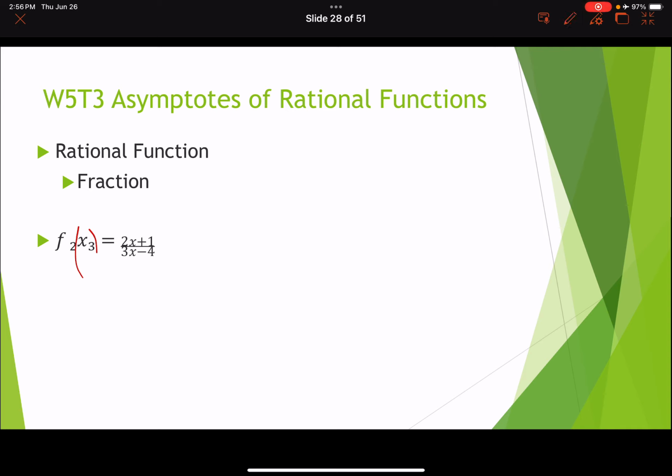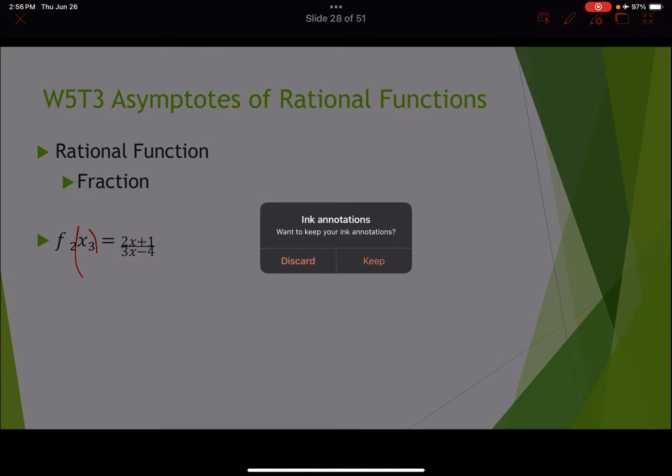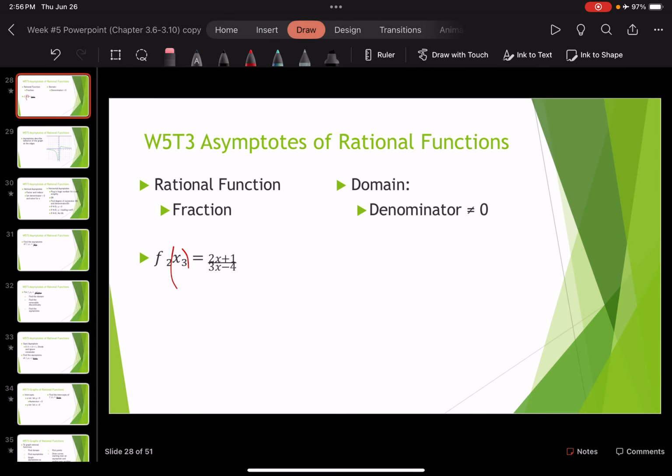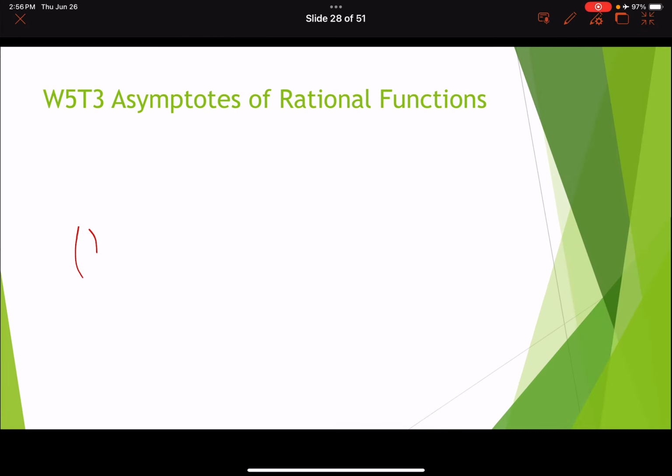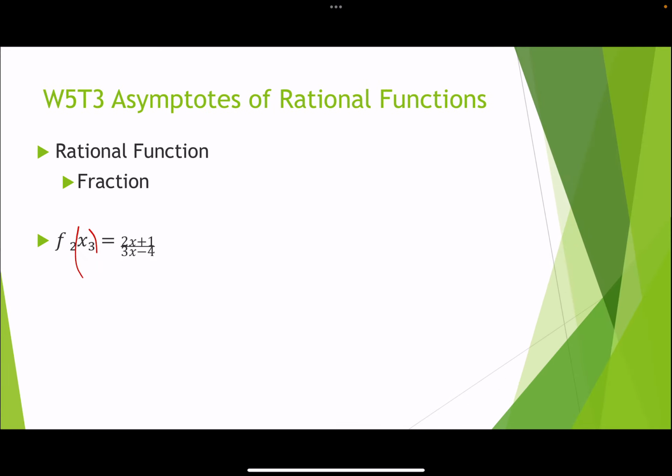Okay, so just realize that it's f of x, and that's going to be true the entire video that we're doing today because we're using software that just does not like the things that we're doing.